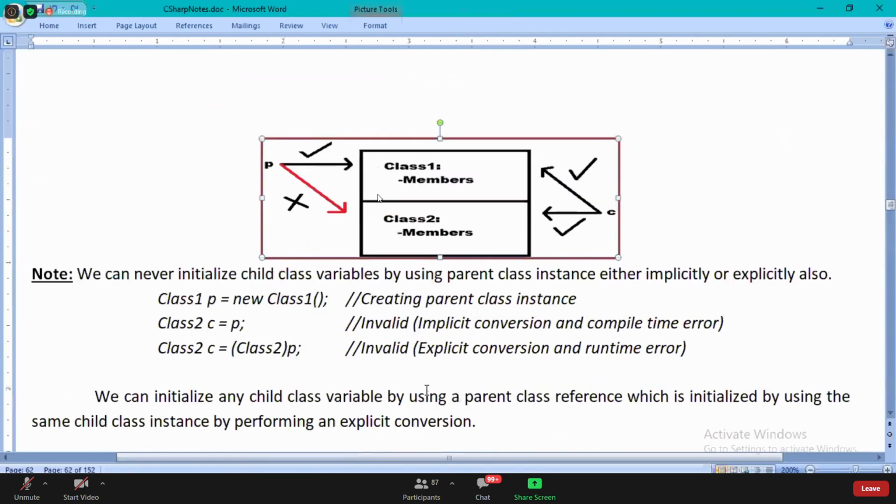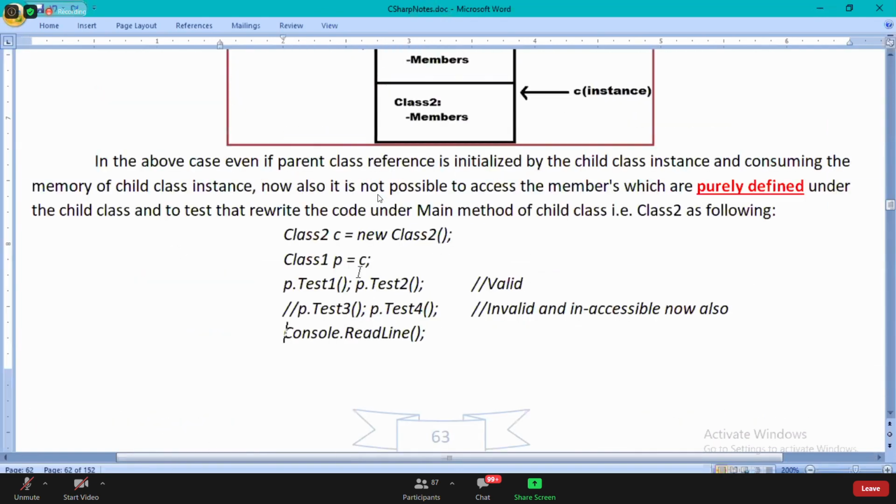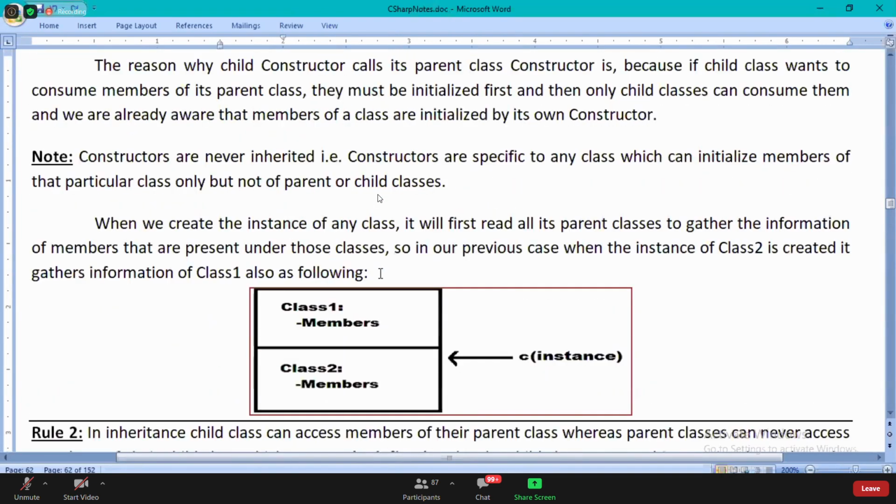See the picture, all of you? Understood the picture? So the picture will give you a clear idea about the things.